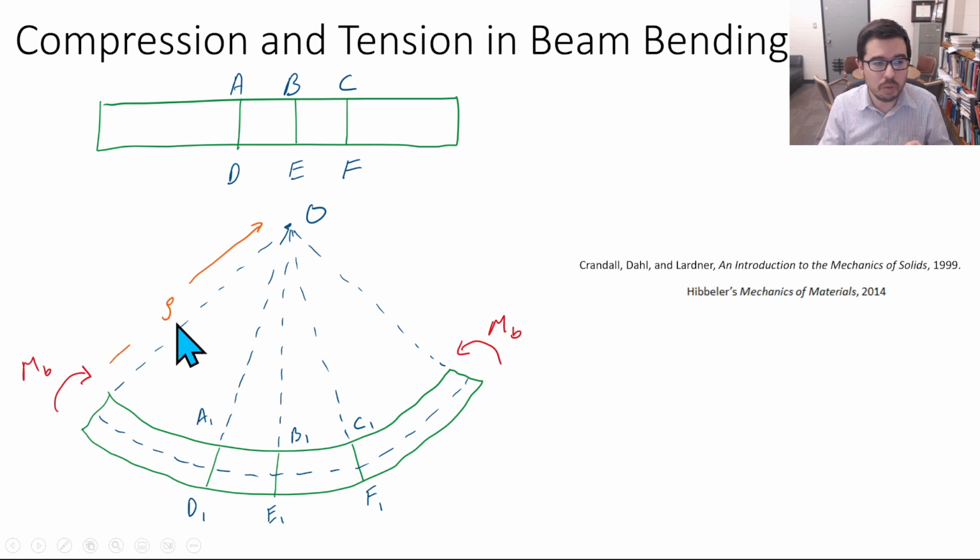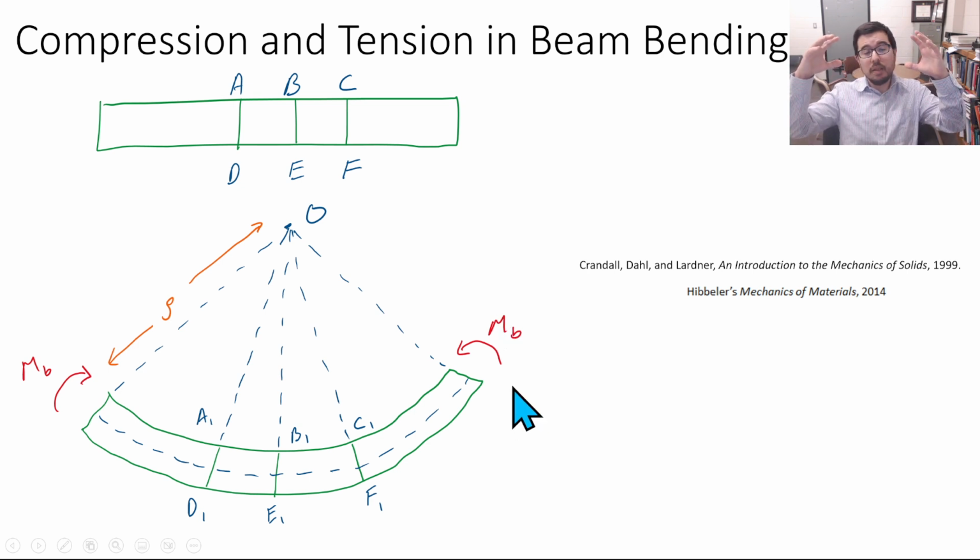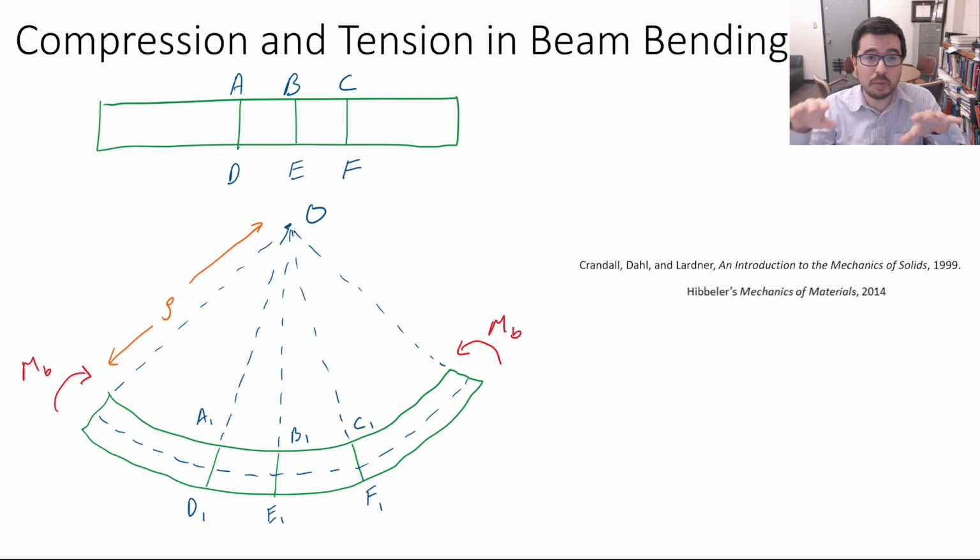So this rho is a radius of curvature that we can apply to this entire beam. This beam is having M applied to it, so M is constant throughout, but you can have different sections of a beam with different radii of curvature, okay, as M varies, as the radius of curvature varies.